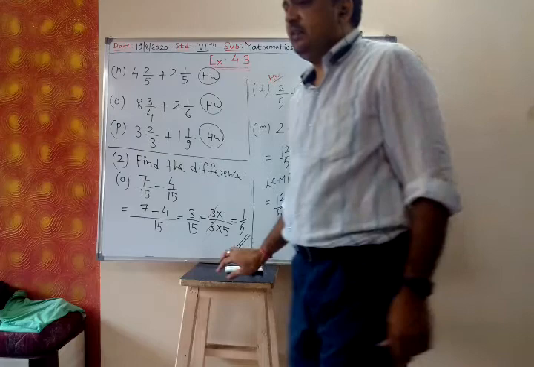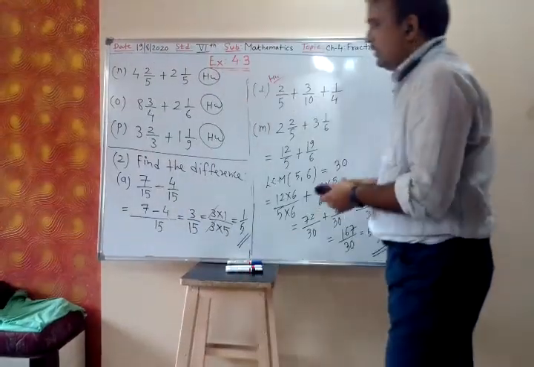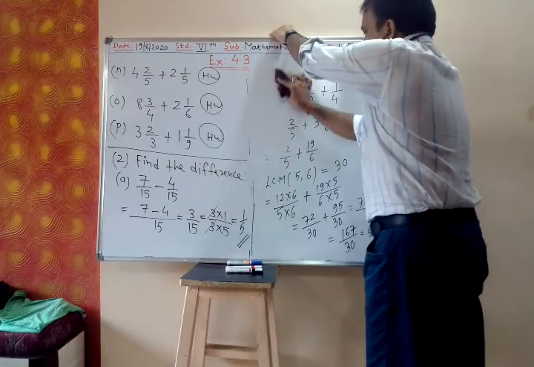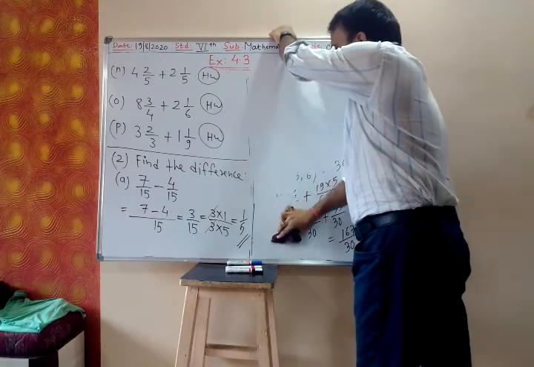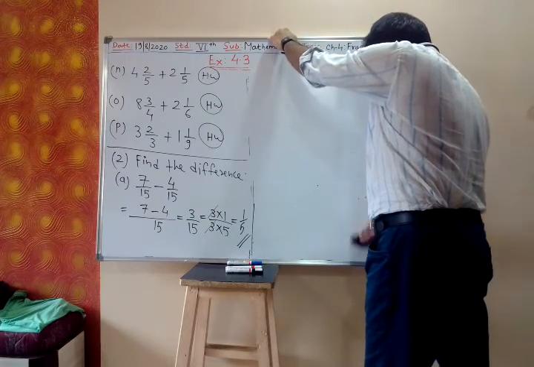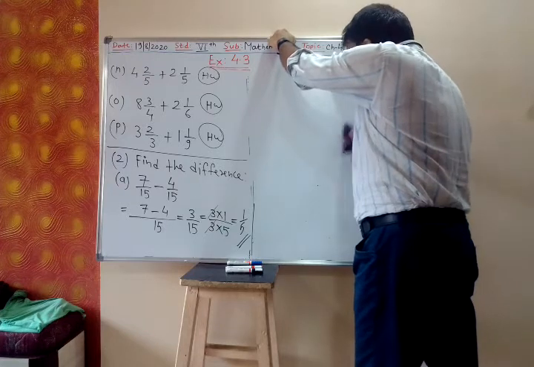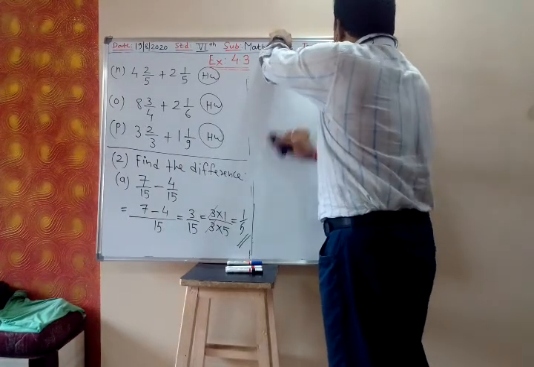The answer is 1 upon 5. Whenever there are common terms in numerator and denominator, you have to cancel and reduce that fraction to the lowest term.